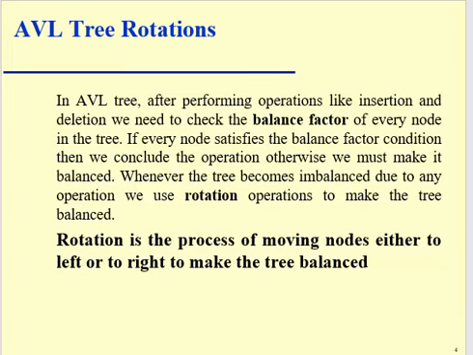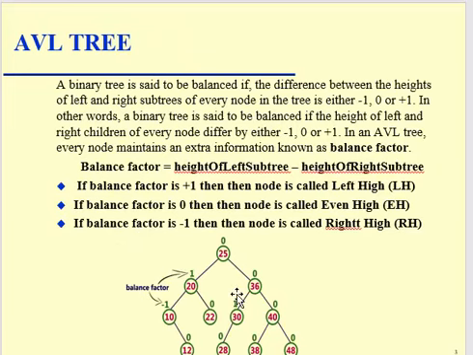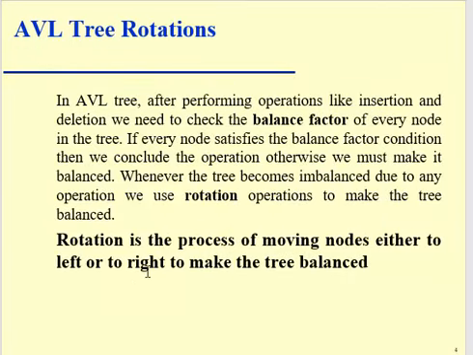Whenever you insert into your AVL tree or delete some node, the balance factor of some node may become plus 2 or minus 2. In that case, we need to provide some rotations. Those rotations will balance this AVL tree.